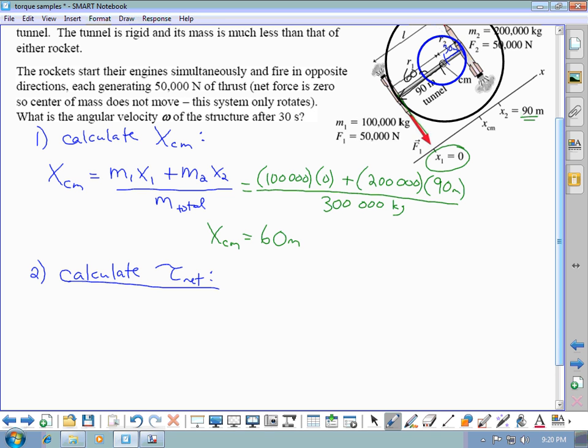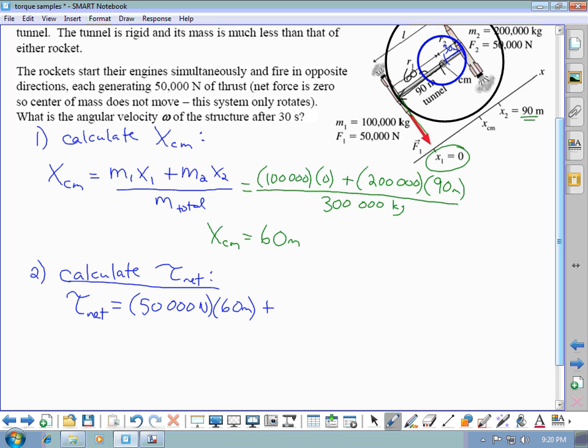And so the net torque is going to be the torque due to the thrust on rocket 1, which is 50,000 newtons times 60 meters. Because again, rocket 1 is 60 meters from the axis of rotation, and the axis of rotation is at the center of mass.